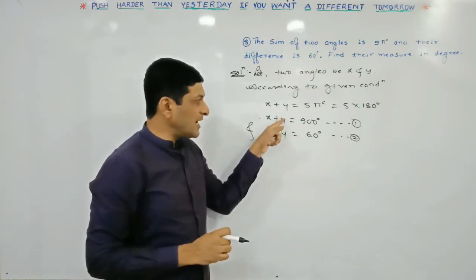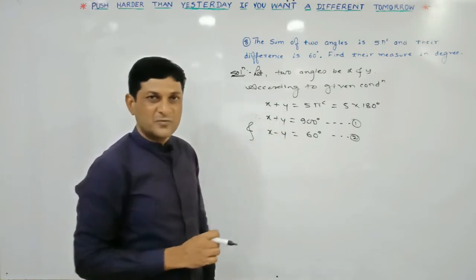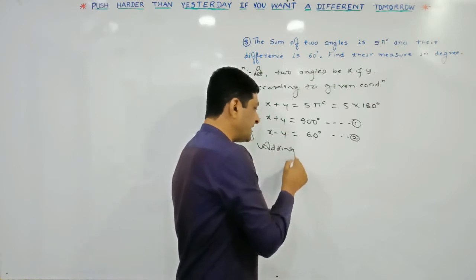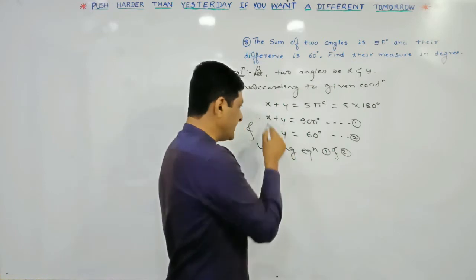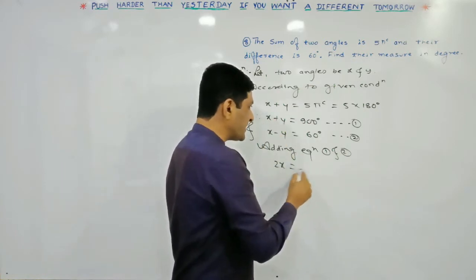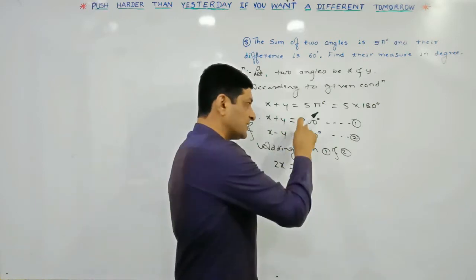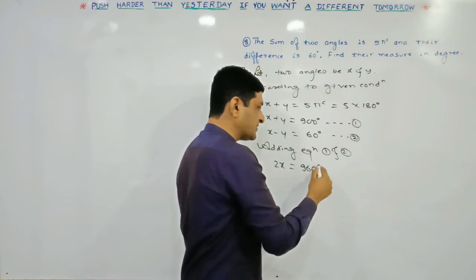If we are taking addition of these two equations, y and minus y will get cancelled and we are able to find out the value of x. So adding equation first and second, see what we'll get. x plus x will be equal to 2x, and on this side the term of y will get cancelled, and on this side 900 plus 60 will be equal to 960.